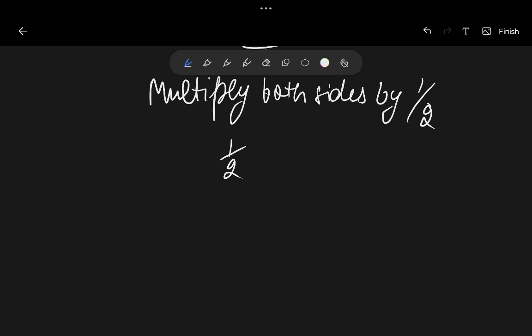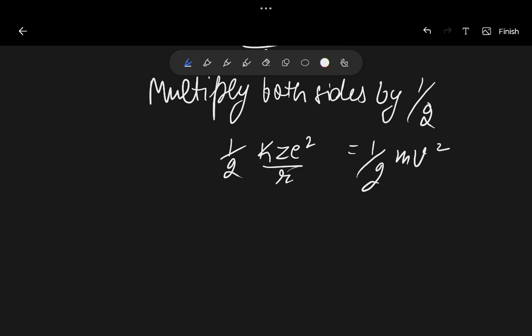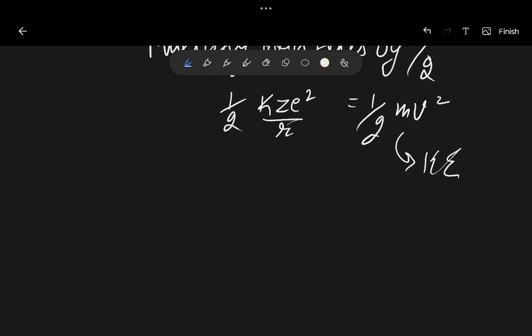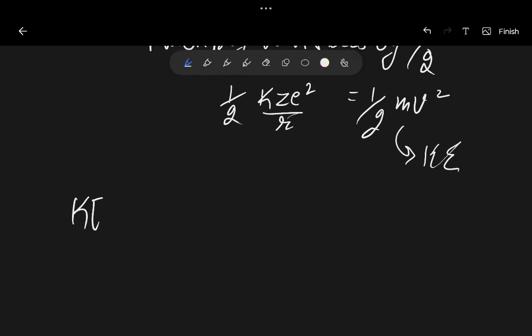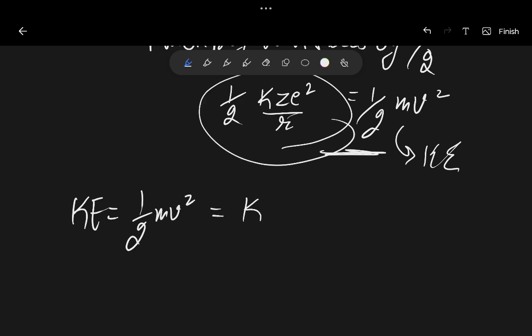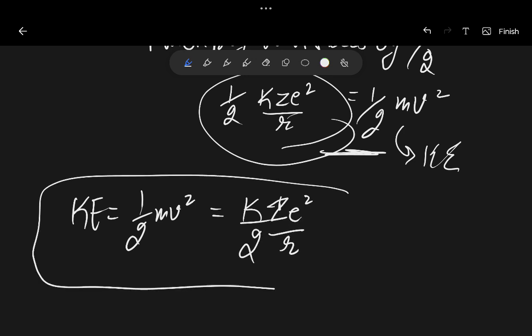It will be half K Ze square upon R equal to half mv square. Now as we know, this is nothing but kinetic energy. This is the formula for kinetic energy, half mv square, and these are equal, so you can write it like this also: K Ze square upon 2R. So yeah, you've got another formula for kinetic energy.